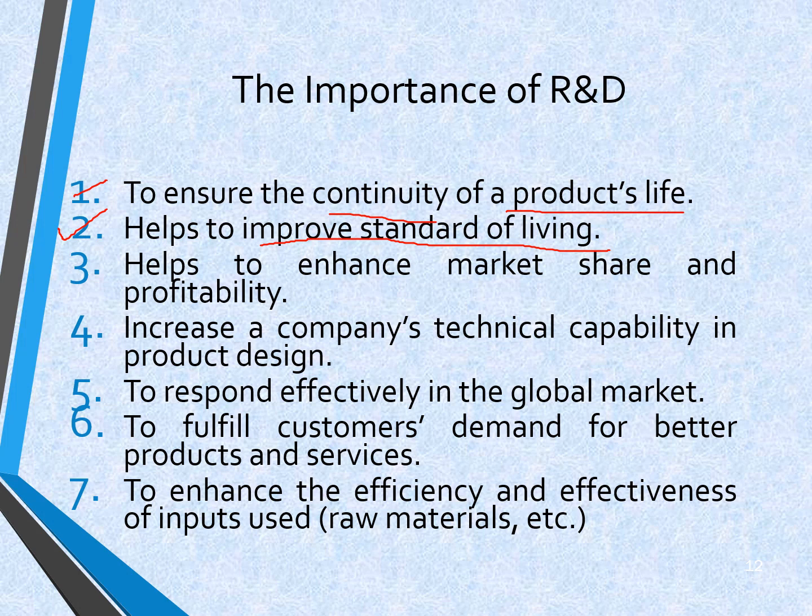Okay, a very simple example is most Malaysians now are using smartphones. Why are we using smartphones? Because most of the handphone companies in Malaysia or overseas who are selling their products in Malaysia have R&D.